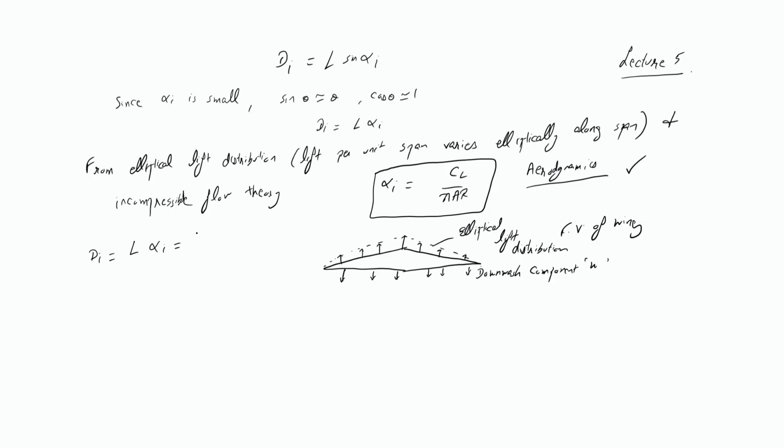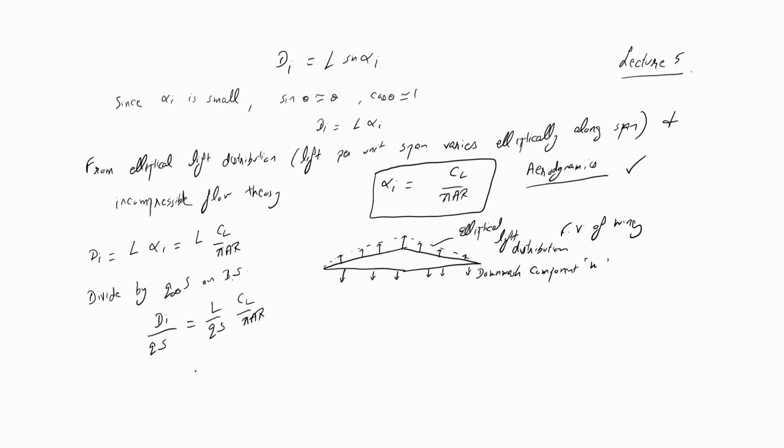Now Di is written as L into alpha I, and alpha I is CL by pi AR, so Di equals L into CL by pi AR. Now again we divide by Q infinity S on both sides, so Di by QS equals L by QS into CL by pi AR. If I'm not writing infinity, assume it is there.